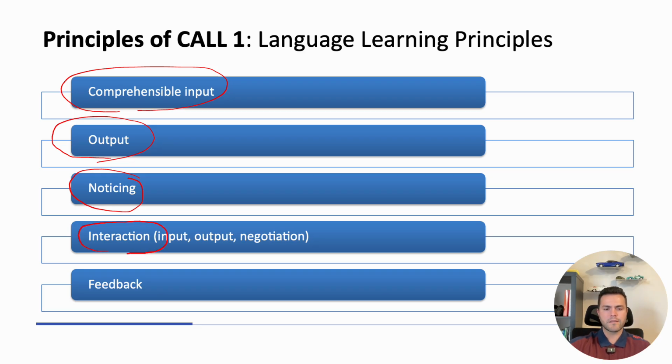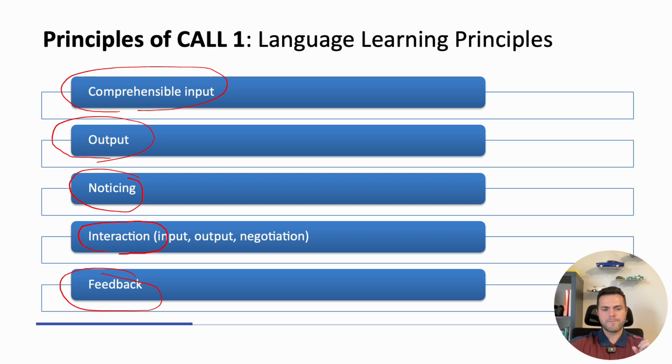Fourth is interaction, which means learning is more than just clicking buttons, simply put. It's the back and forth of input, output, and negotiation of meaning, something that a good CAL tool should enable. Finally, we have feedback. Automated or teacher-driven feedback helps learners adjust and refine their understanding and usage.